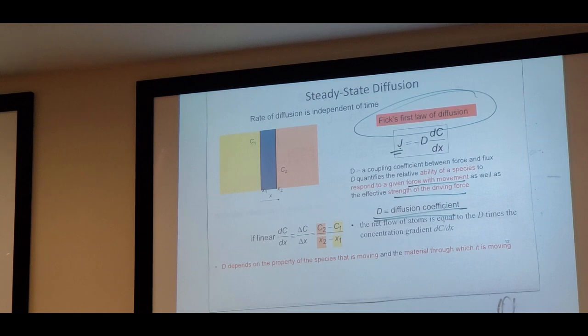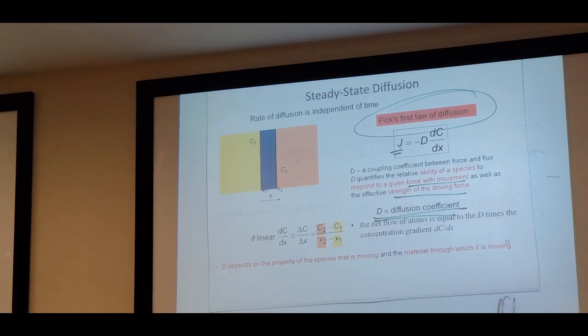For example, if you are making a steel, D depends on the iron itself, right? What type of iron you have, whether you have a BCC structure or FCC structure or whatever structure you have. And again, it depends on the concentration gradient of the diffusing species, the force of the movement as well as strength of the driving force. Strength of the driving force is that concentration gradient.